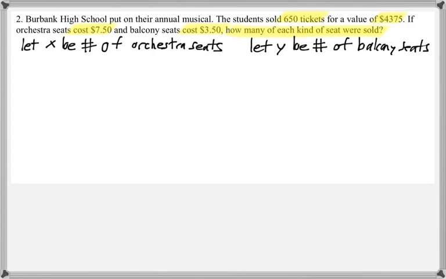Okay, so I need to make two different equations. So I'm going to make an equation that talks about how many tickets, or you could say seats, either way. And then I'm going to make a money equation.